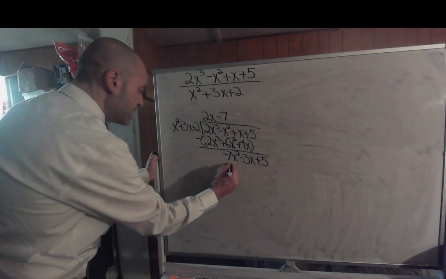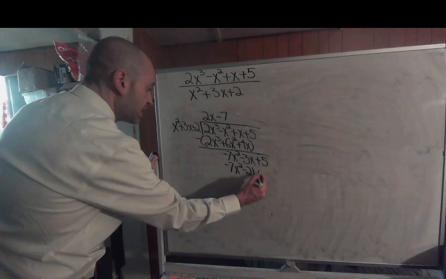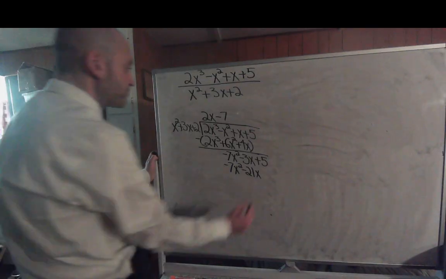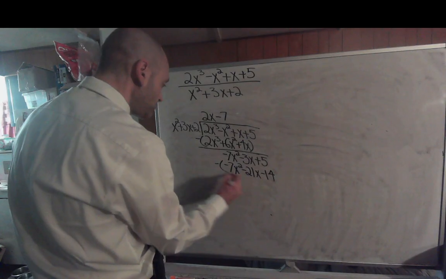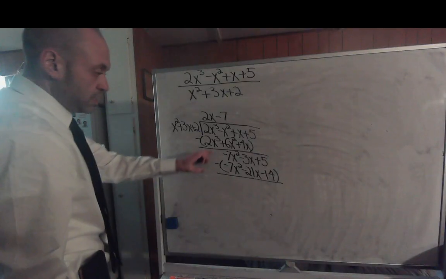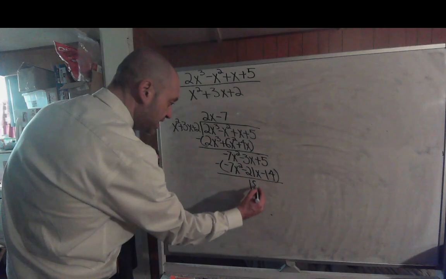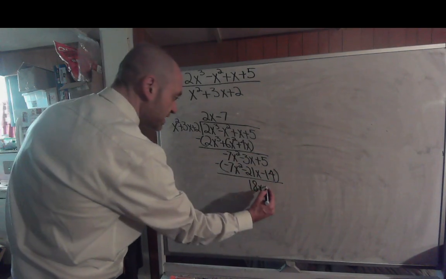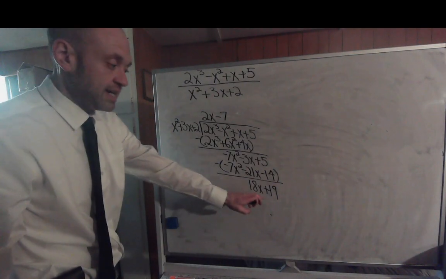So then you'll have negative 7x squared minus 21x minus 14. Do some subtraction. The x squareds cancel. Negative 3 plus 21, that's 18x. 5 plus 14 is 19. So you have a remainder of 18x plus 19.